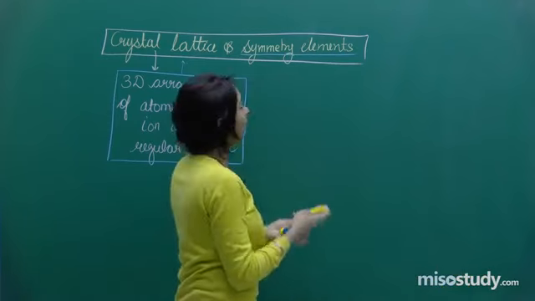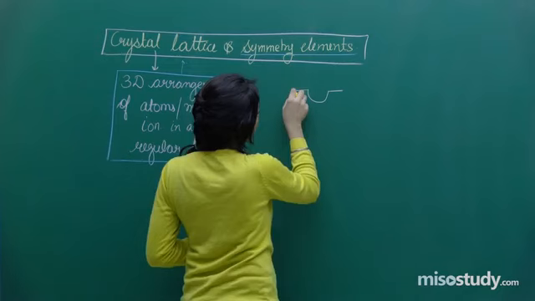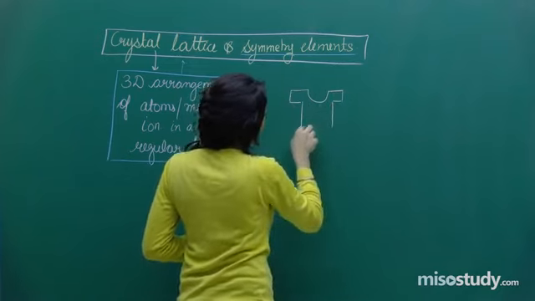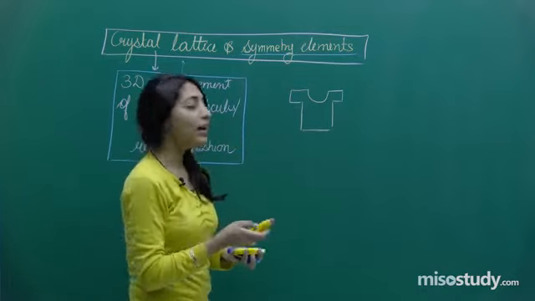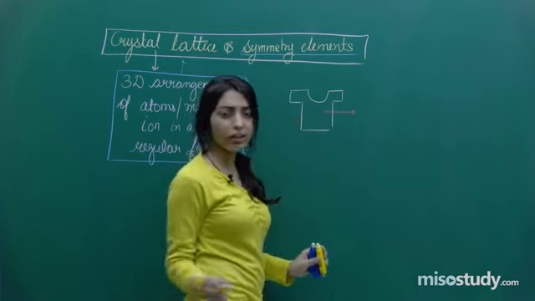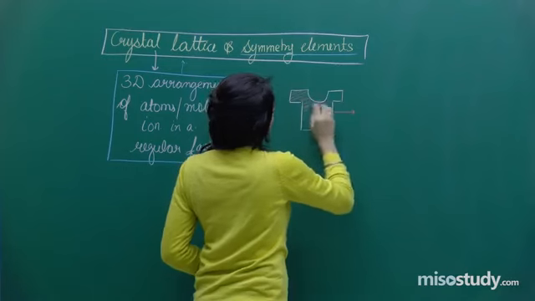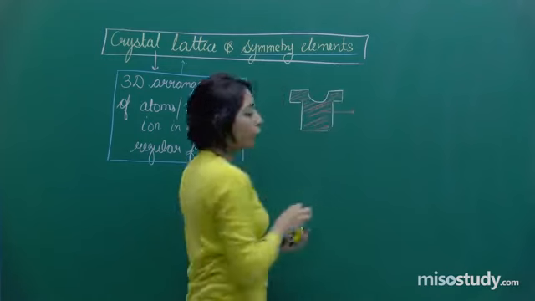Let's say, for example, I am drawing a small little shirt. There is a shirt that I have drawn which I got from the market, and it's a plain shirt. There is nothing written on it. It's exactly a plain, monocolored shirt.